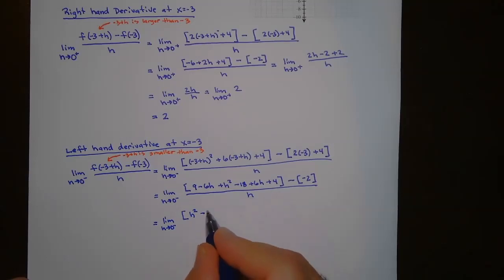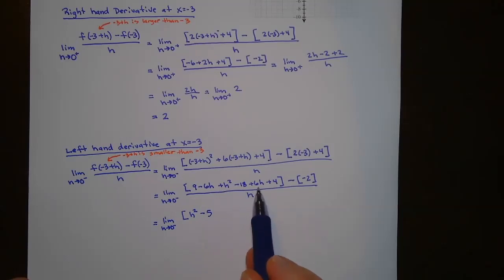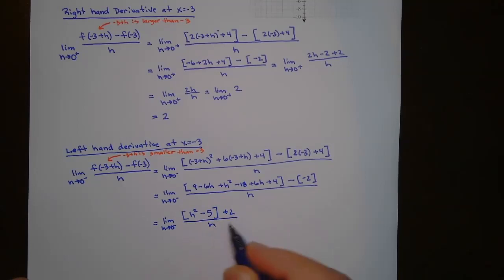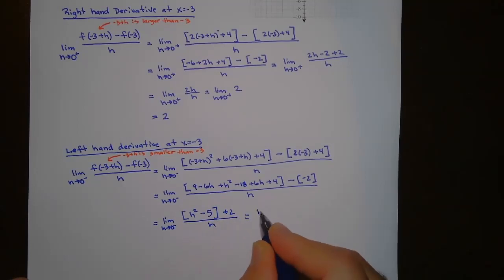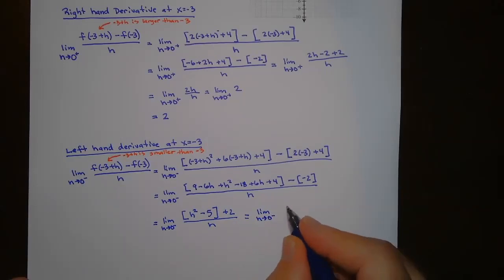So -5, and then we have the minus 6h and the plus 6h, which cancel each other out. And then we're left with +2 all over h. So that means this is the limit as h approaches 0 from the left of h squared minus 3 over h.